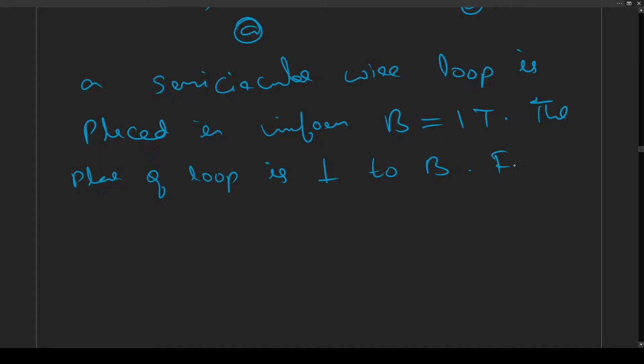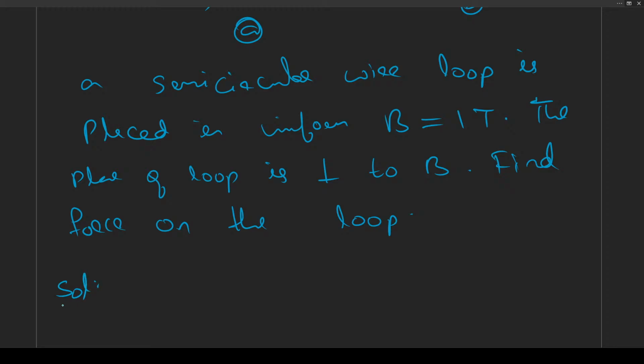Now we are asking find force on the loop. Solution.